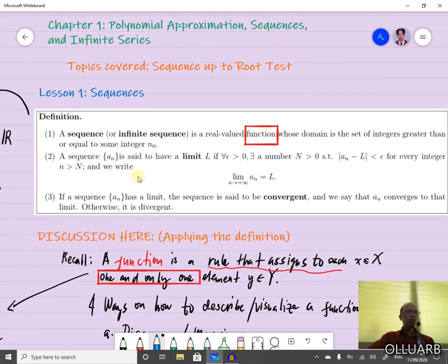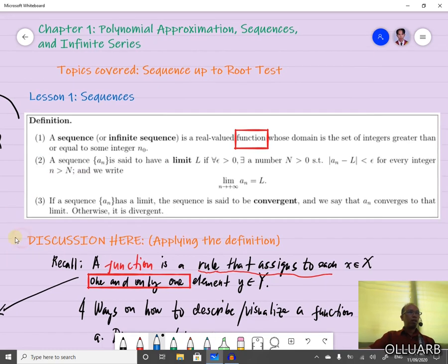Okay, so the limit of the sequence is very similar to, for now I will be discussing definition number 2. Don't forget we are on definition number 2 now. The limit of the sequence is very similar to the idea of the limit in your calculus 1, if you remember, about limits at infinity.